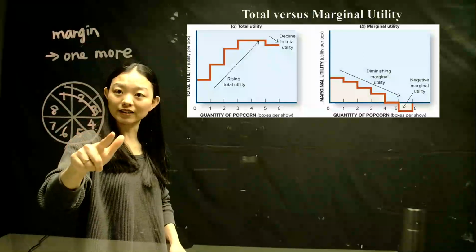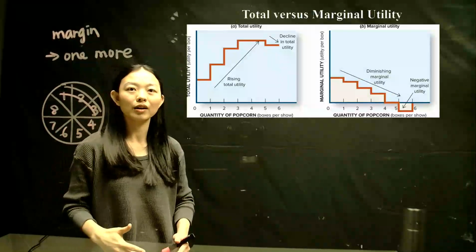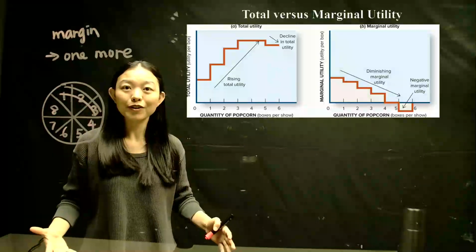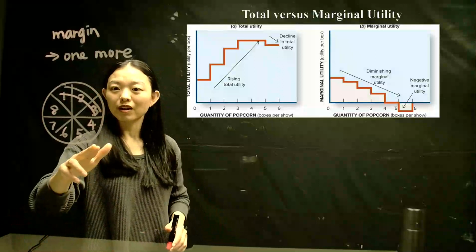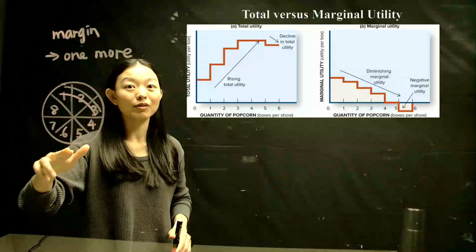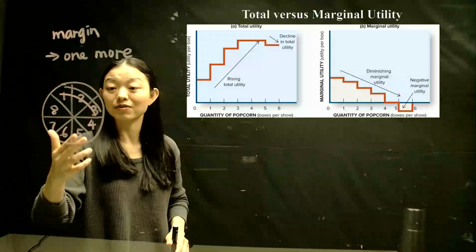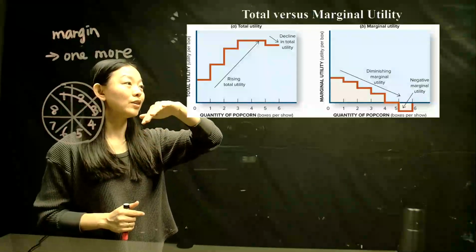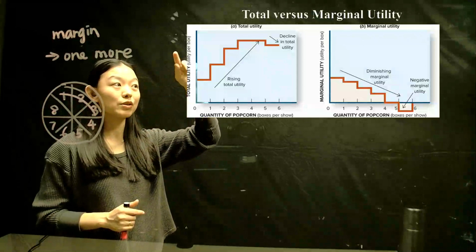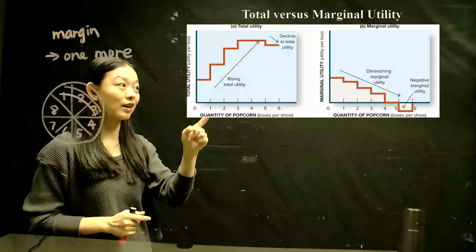And then it will decline, because you are too full. If you still continue eating the pizzas, then those pizzas will not make you feel satisfied, right? So the total utility increases first, reaches the maximum, and then declines.